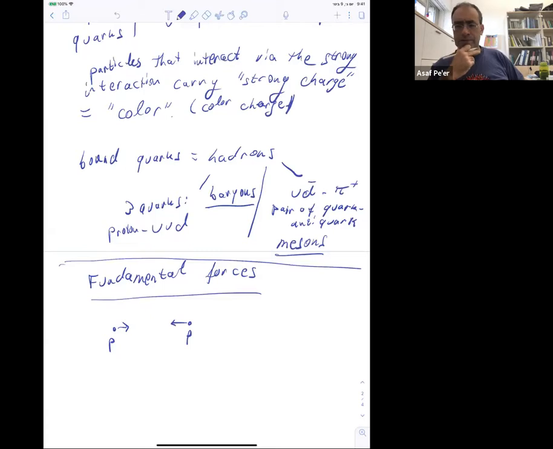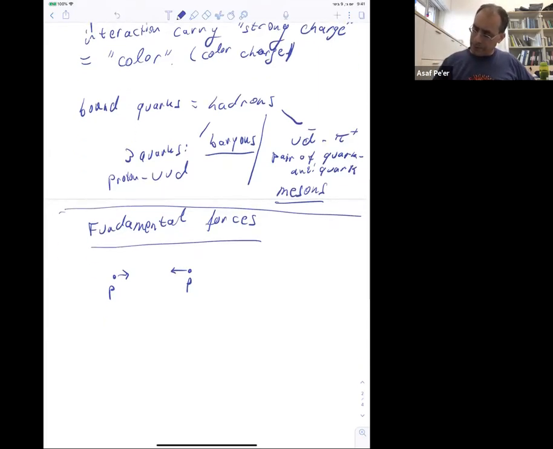So we want to avoid that, to be consistent with special relativity. The other thing is that within the framework of this classical interaction, there is no way of creating or annihilating particles. You cannot produce a pair of electron positron, and you cannot let them annihilate.